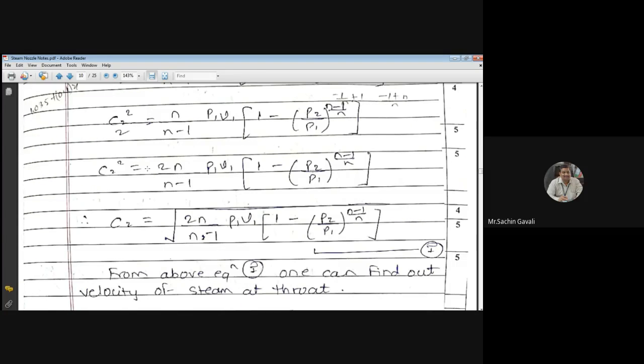If you simplify it, C2 square is equal to 2n upon n minus 1 P1 V1 into bracket 1 minus P2 upon P1 raised to n minus 1 upon n.